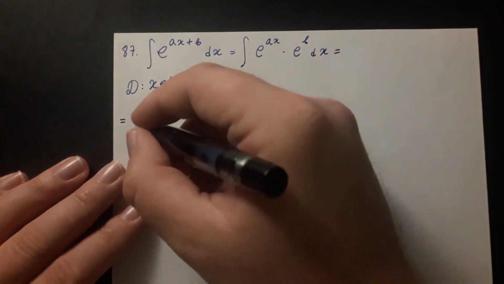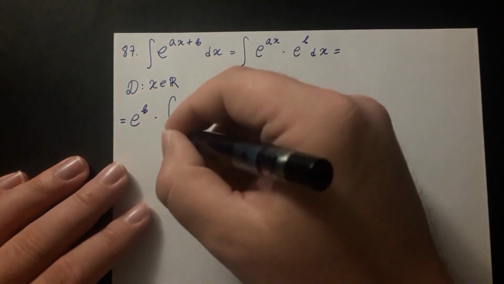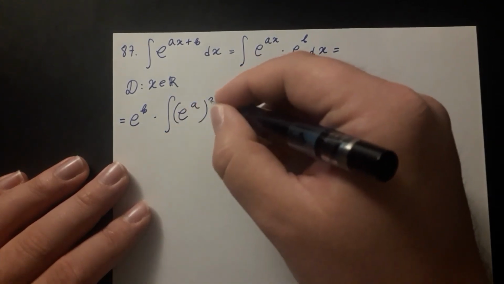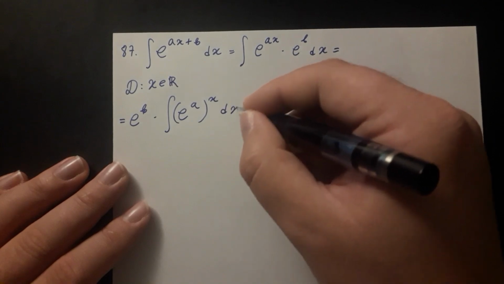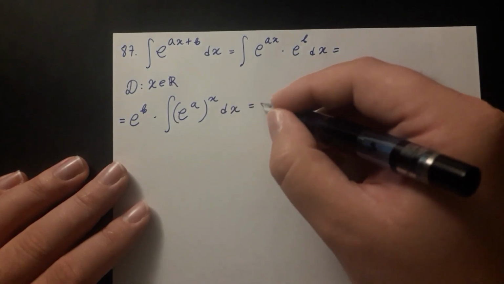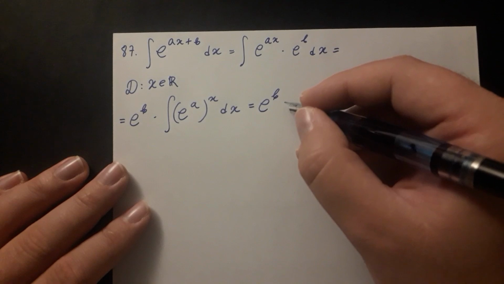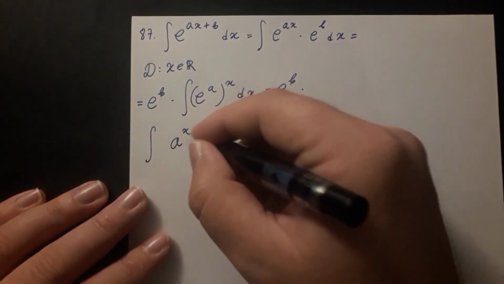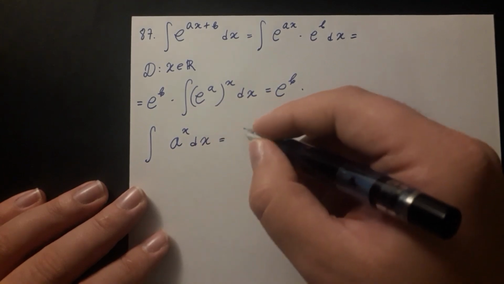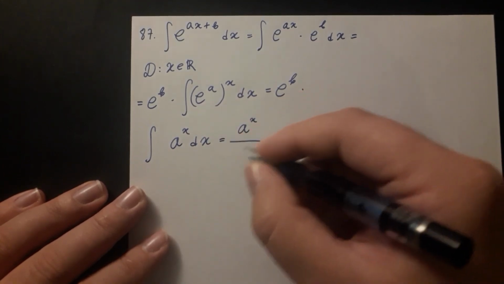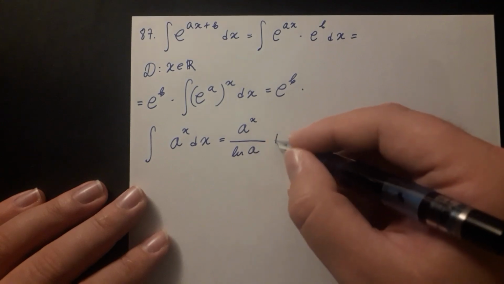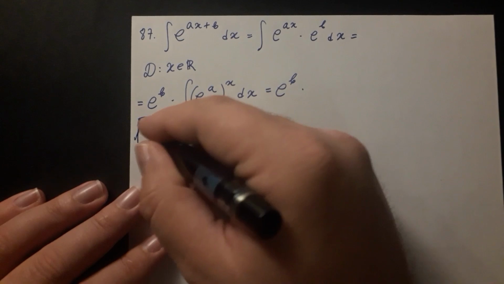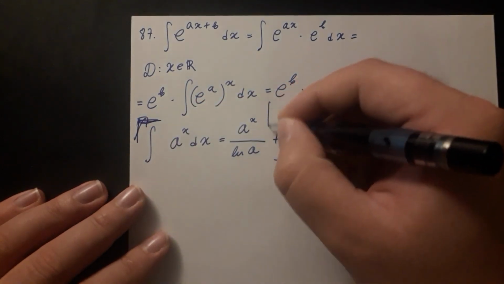This is then equal to e to the power b times the integral of e to the power a, then to the power x dx. This is then equal to e to the power b times the integral of a to the power x dx, which is equal to a to the power x divided by ln a plus an arbitrary constant c. This is the rule which we are going to use right here.